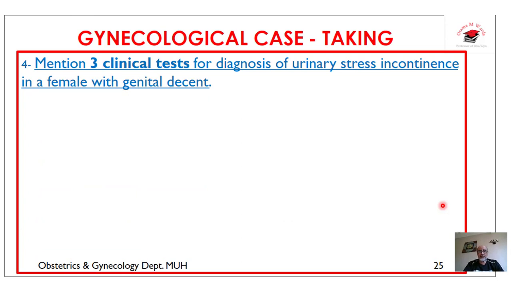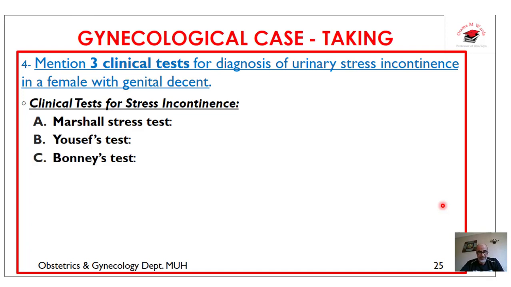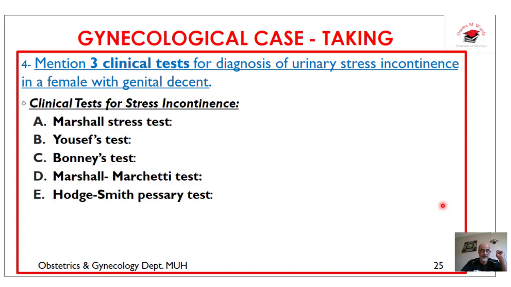Mention 3 clinical tests for diagnosis of urinary stress incontinence in female with genital descent. The first is Marshall test, Youssef test for hidden incontinence, Bonney's test, and Marshall-Marchetti test, Hodgkinson test, and BAD test.